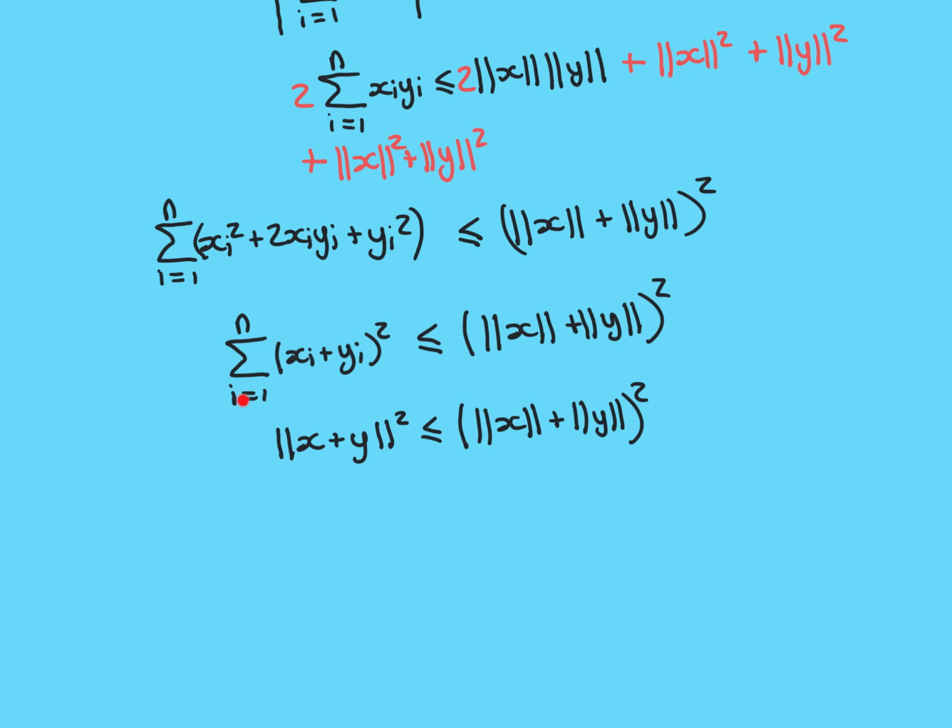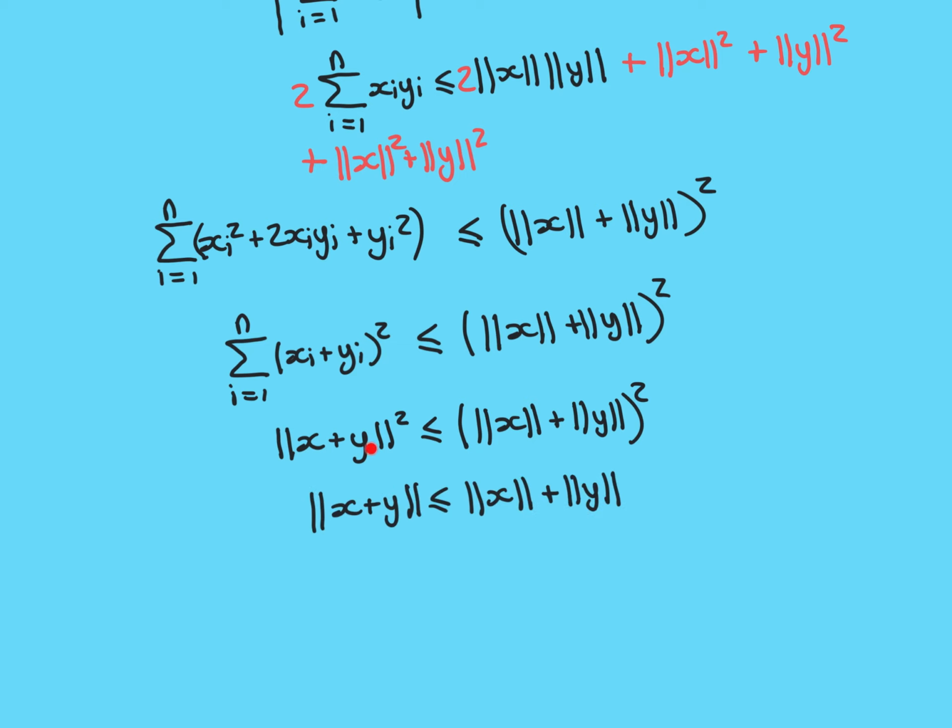So we just have the sum from i equals 1 to n, and then we'd have (x1 plus y1) squared plus (x2 plus y2) squared plus all the way up to (xn plus yn) squared, and that's what we've got here. So the sum from i equals 1 to n of (xi plus yi) squared is indeed the norm of x plus y, squared.